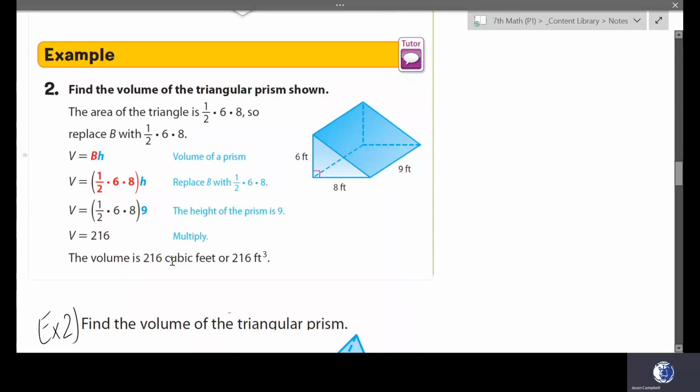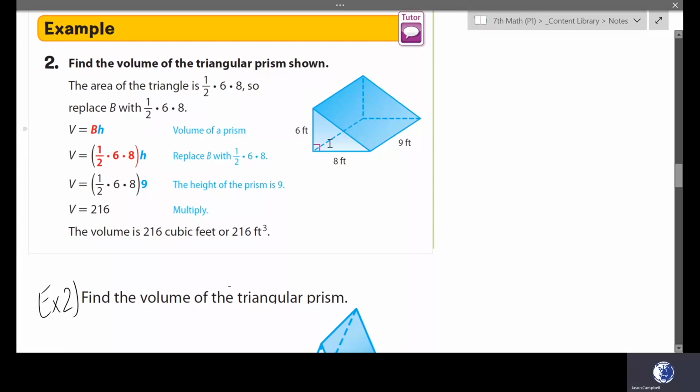In example 2, it says find the volume of the triangular prism shown. So in a triangular prism, the base is the triangle. And so the area of a triangle is length multiplied by width multiplied by 1/2. So they do 8 multiplied by 6 multiplied by 1/2, and then they multiply it by 9 to get the total volume of this prism, which was 216.